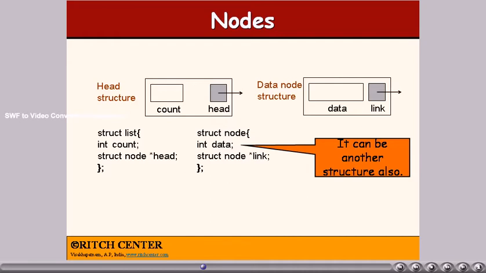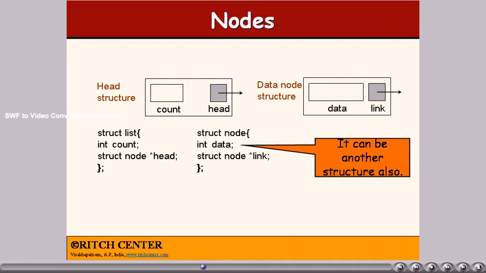So in the head structure, usually the count field may be used to indicate how many elements, nodes, are maintained in the linked list. If that is available in the head node, then knowing how many elements are there in the linked list is a straightforward approach.